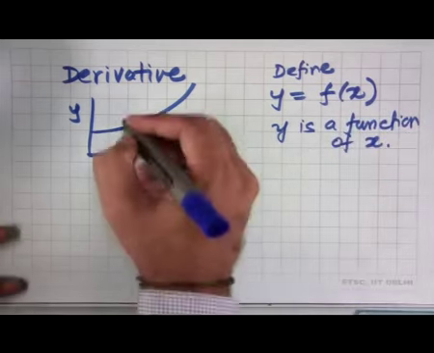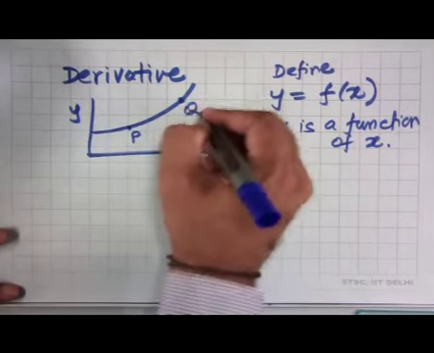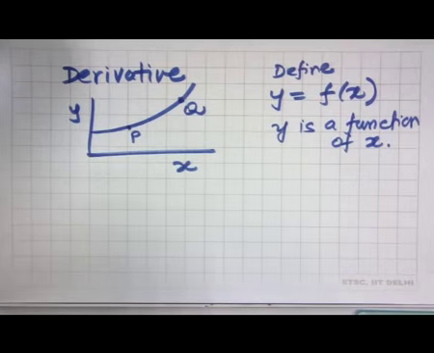Now, let us look at 2 points P and Q on this curve. So, we have the same curve, and there are 2 points P and Q on this curve.